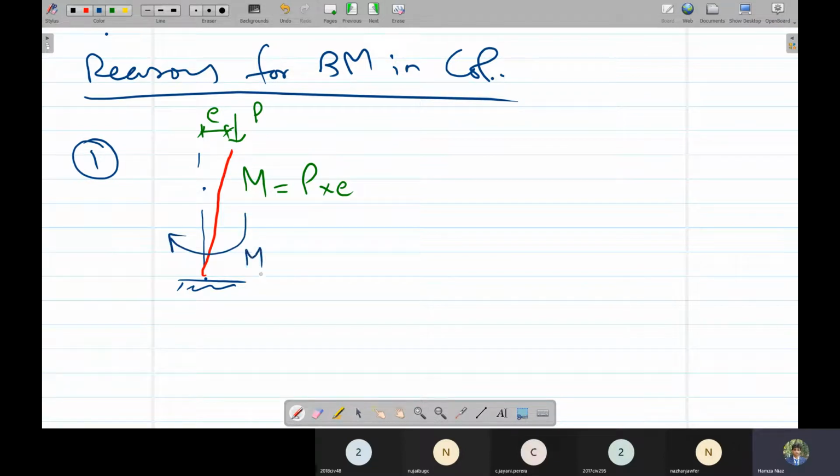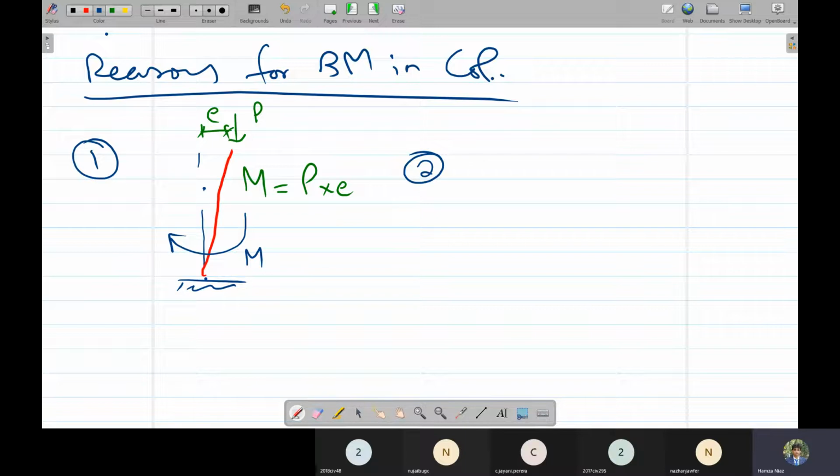This load acting at some eccentricity would produce a bending moment in the column. So the first one is that the column is not perfectly vertical.